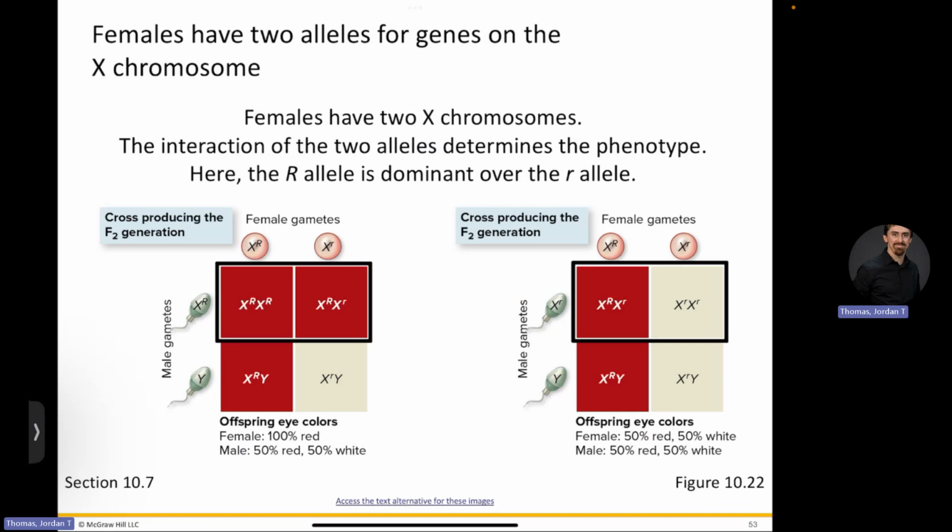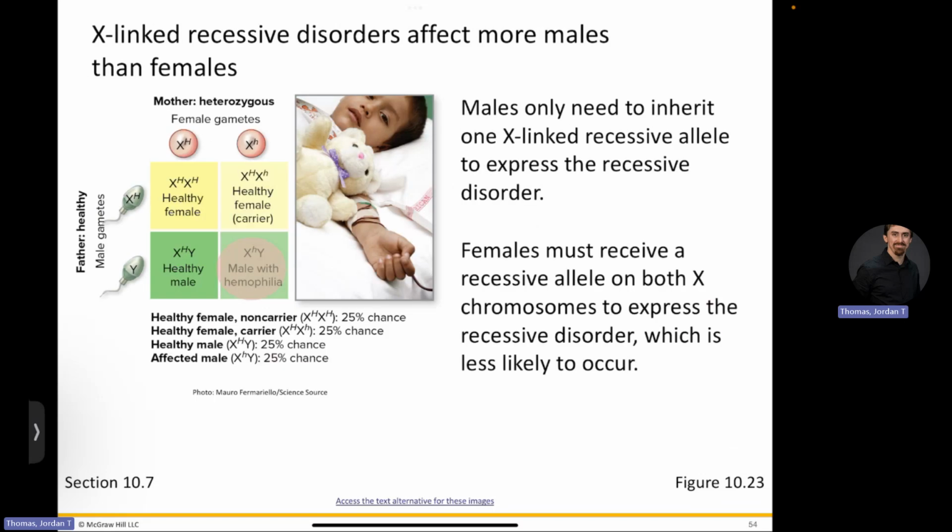X-linked recessive disorders affect more males than females. Males only need to inherit one X-linked recessive allele to express the recessive disorder. Females must receive the recessive allele on both X chromosomes to express the disorder, which is less likely to occur. So if we have a disease that is recessive and linked to the X chromosome, females have two X's, so it's harder for them to get two recessive alleles.